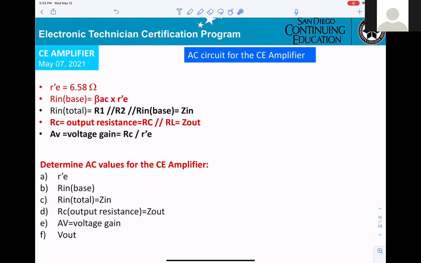Like you see, in the calculation they're using beta times R prime E. If they don't give beta AC, then you can use beta DC. To me, that's not a big deal. They're not quite different. They're almost the same.